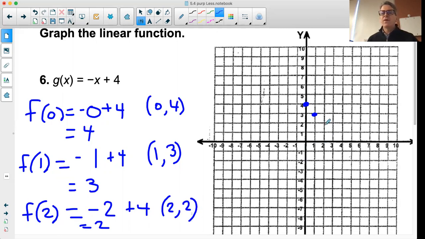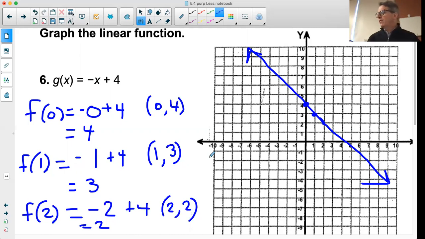And that would correspond right here. So you can see how this graph would go through there. So function notation is also used a lot with graphing.